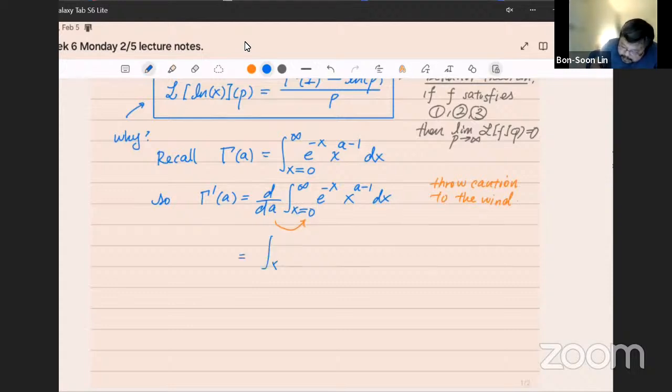In this case, we get the integral with x from 0 to infinity. Now, what is this? We need to differentiate with respect to a. Okay, so now e to the minus x has nothing to do with a, so the derivative passes through that. We do need to take the derivative of x to the a minus 1, though, dx, right? So what exactly is this thing?